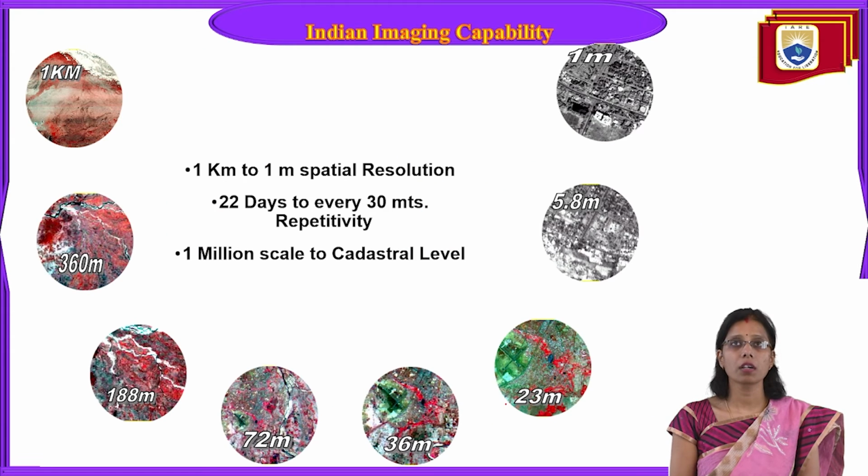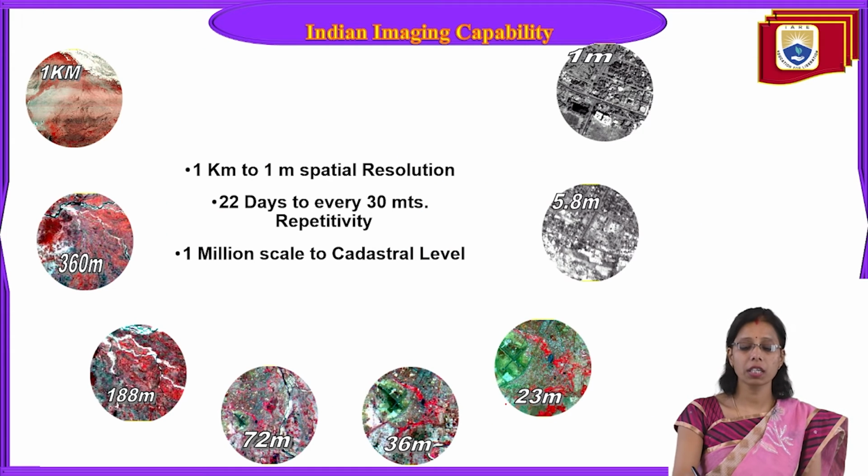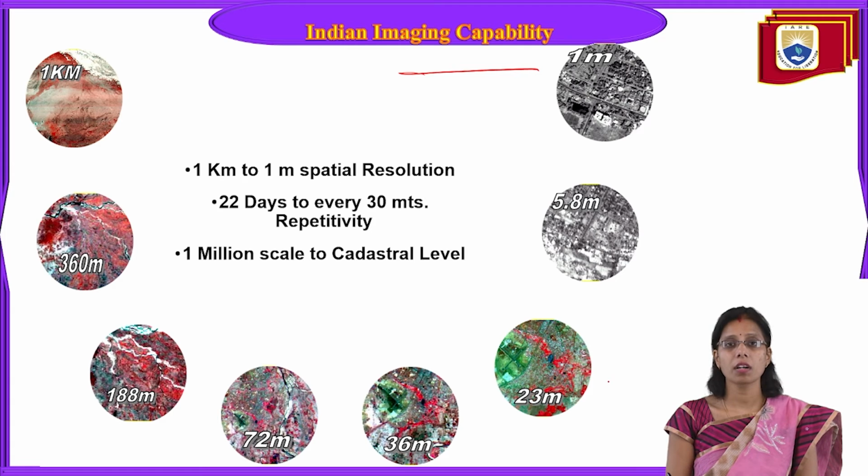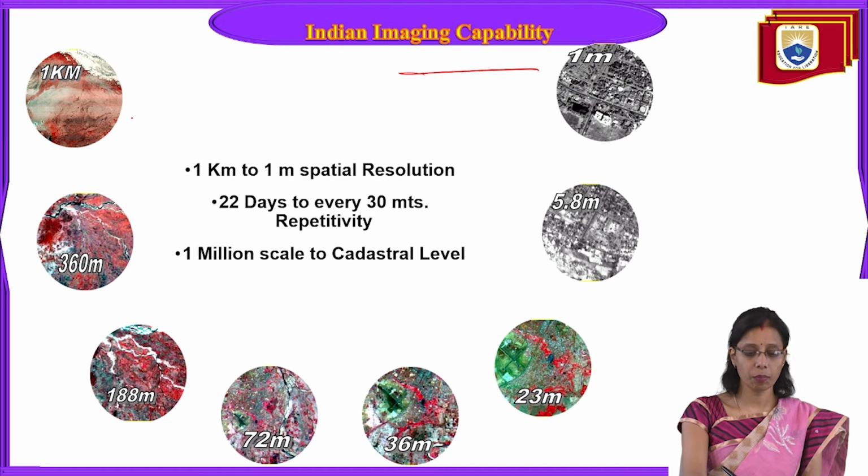Right. Now we have our Indian imaging capability. Indian imaging capability means how much our Indian remote sensing satellites, with their different kinds of sensors, are capable of giving information.